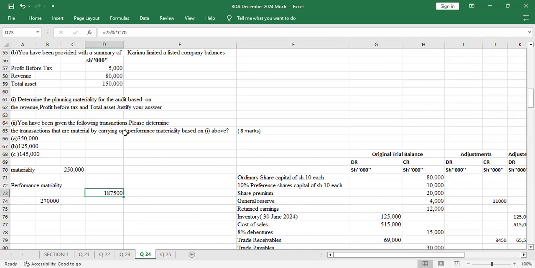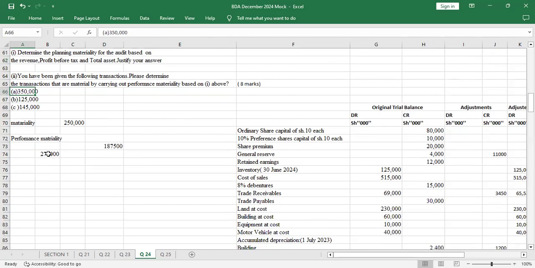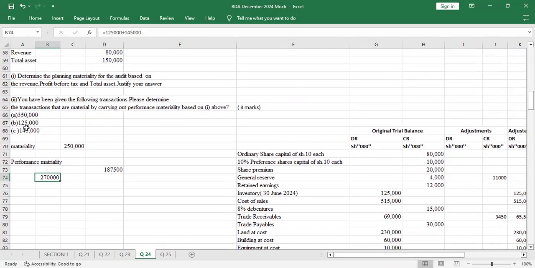So when I say here that by carrying out performance materiality, it means that all these transactions are now material. But when you leave your material test at the planning level, then it's only 350 that will be material. But when you go further and carry out performance materiality, then you aggregate these two values, which are immaterial, and you find out that they're greater than the performance materiality value, which is 75% of 250.